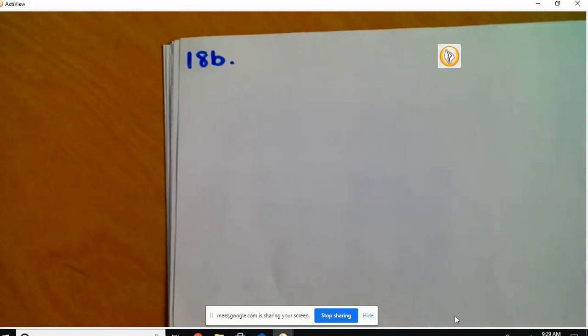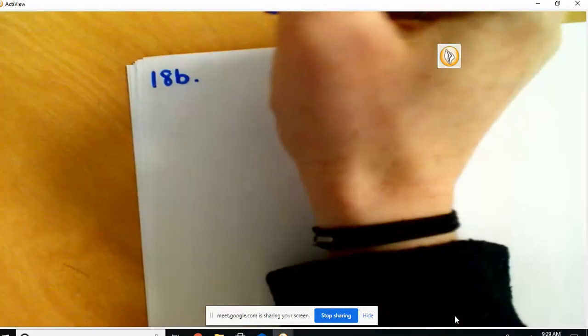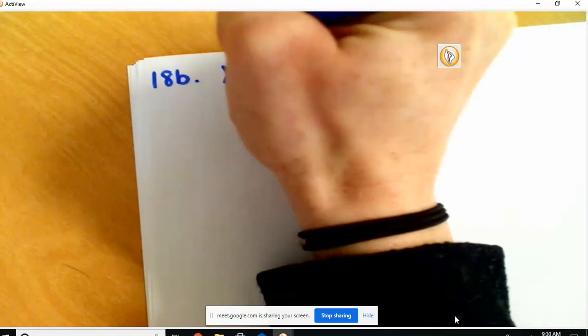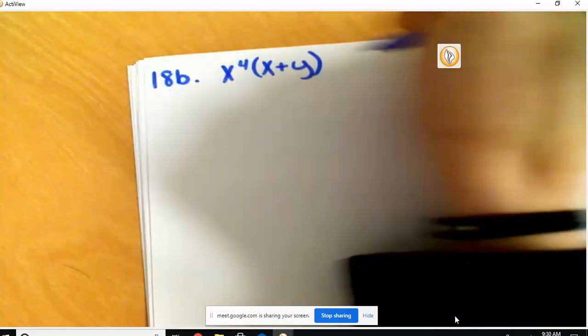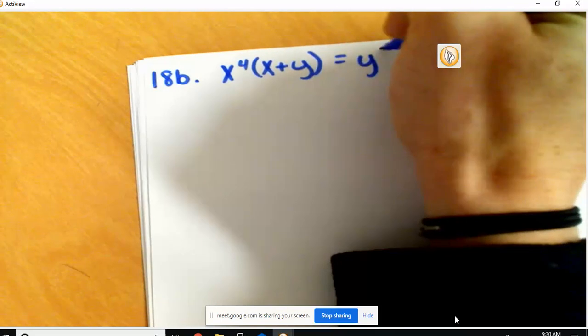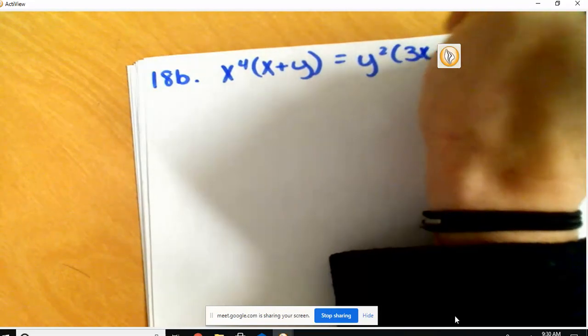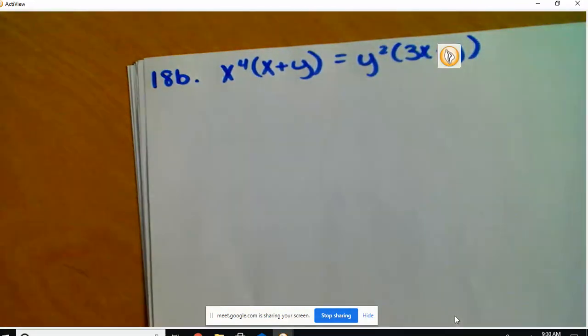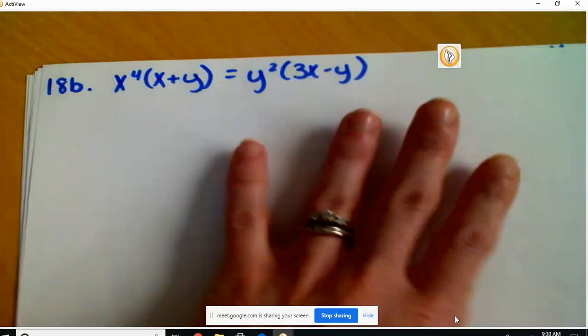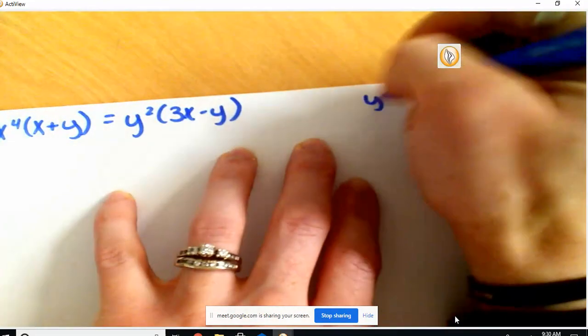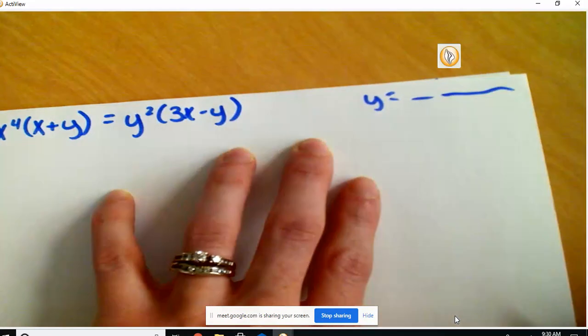18b. So we are doing implicit differentiation. So the idea is most of the time when we are doing a derivative, we have y equals something with an x in it, right?